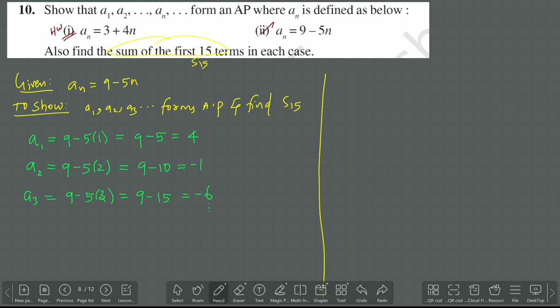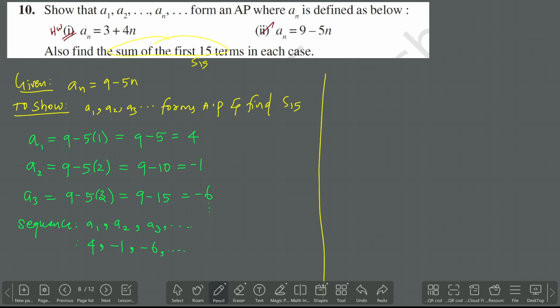So the sequence is A1, A2, A3, it's going on: 4, minus 1, minus 6, and so on.